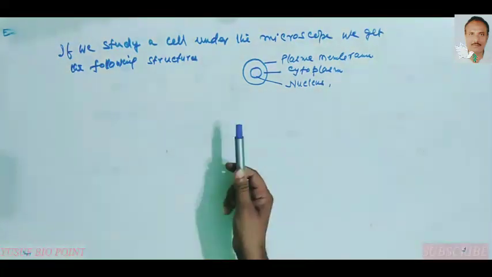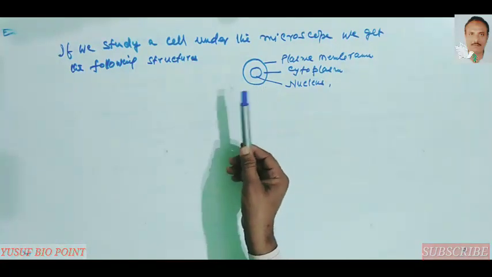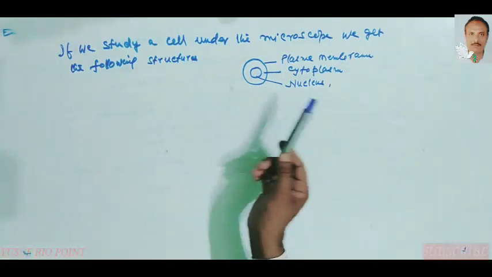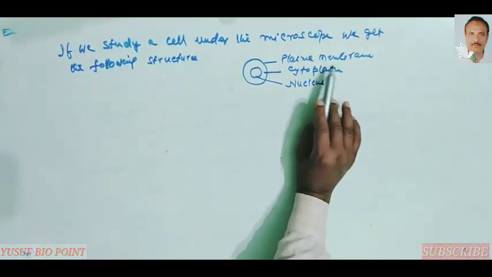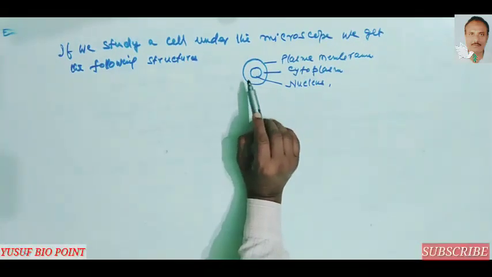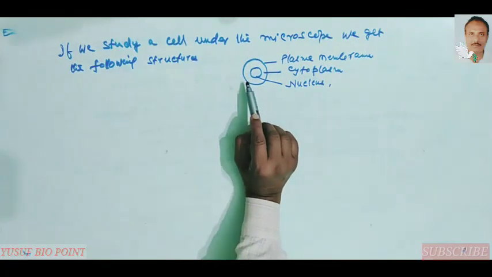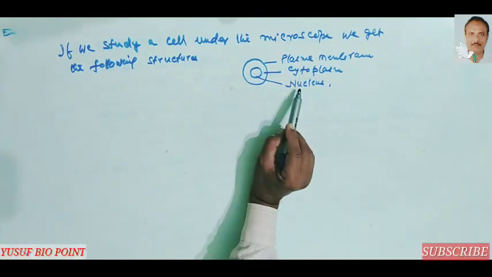Although many other organelles are found in the cytoplasm, which we will discuss in the next video. The first one is the plasma membrane; the medium in which many other parts are found is known as cytoplasm, and the central part is called the nucleus.